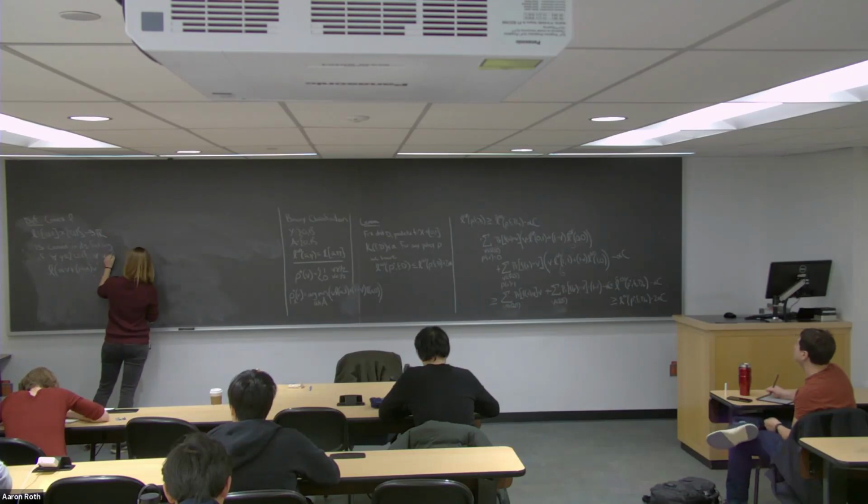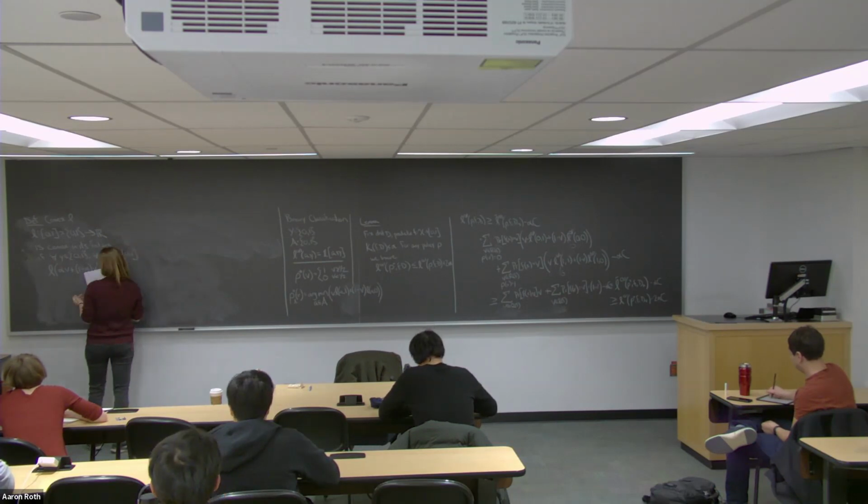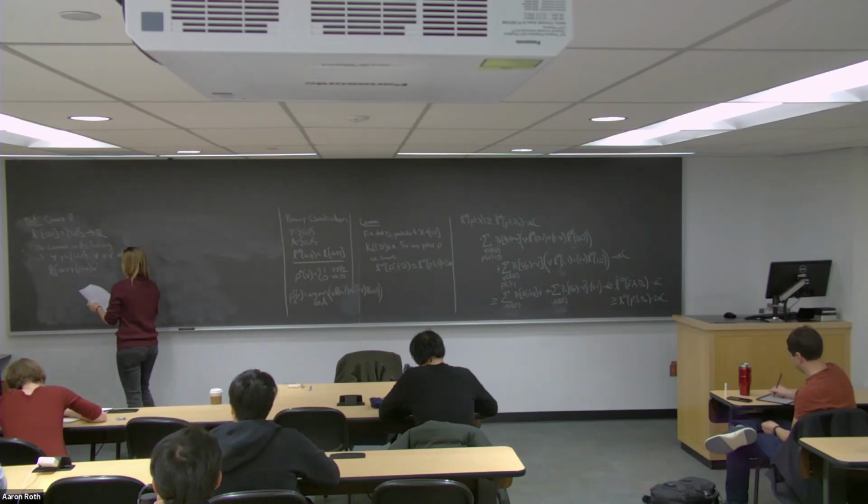Essentially what we want to do is pick two points, v and v prime, and consider the line between them, or any point on the line between them.